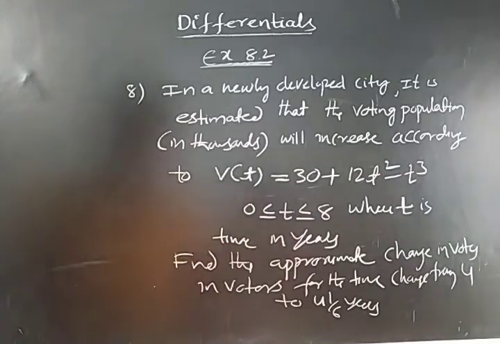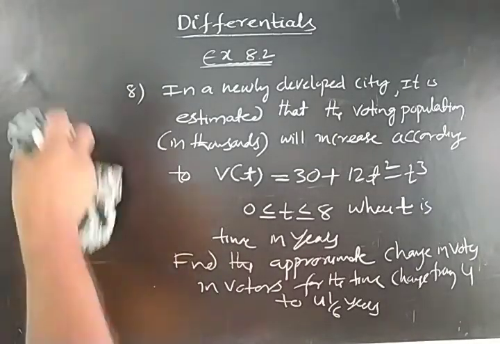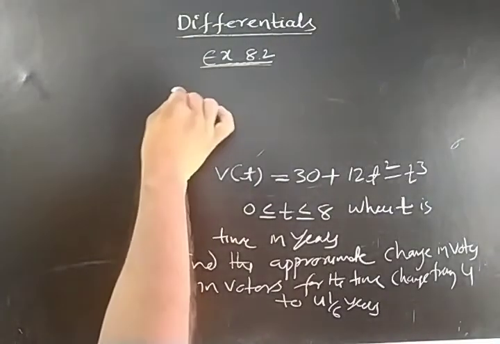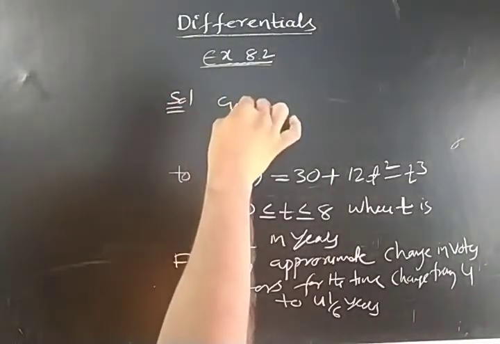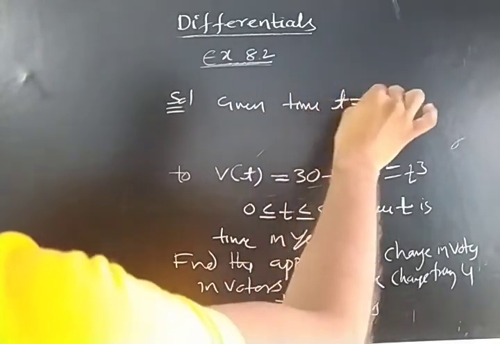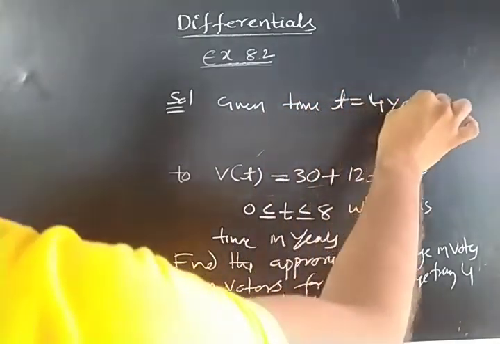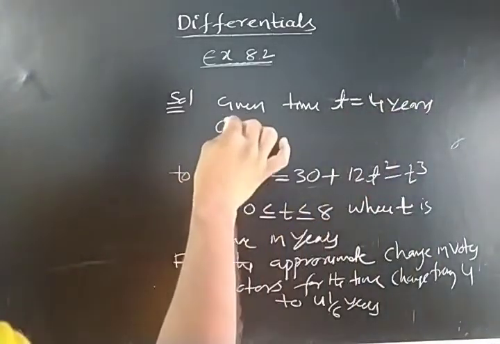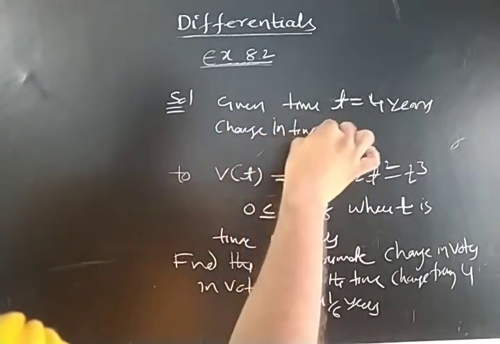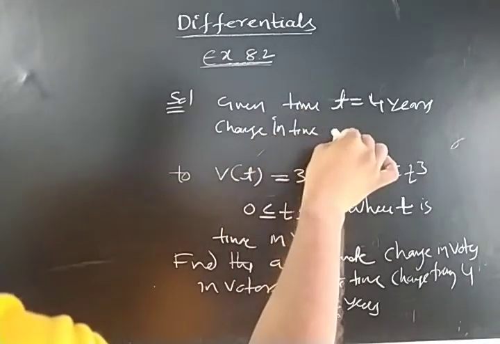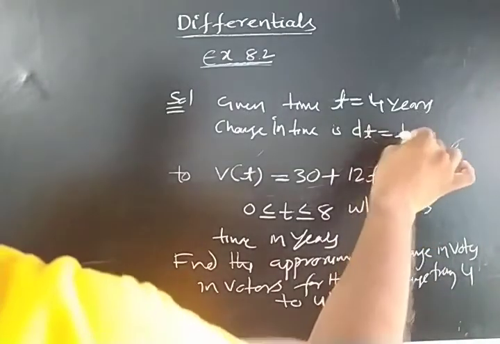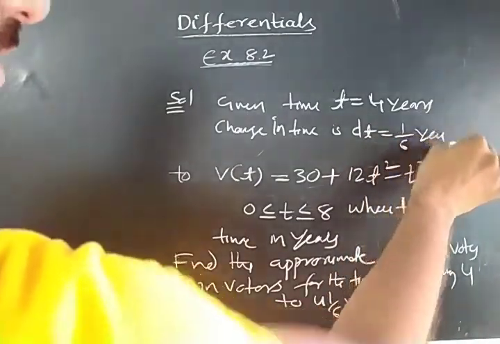So we have to find dV here, right? So write the relation between V and t. Solution given, first write the given time t equals 4 years, change in time, I am denoting by dt, equals how much? 1 by 6 years, not 4 1 by 6.